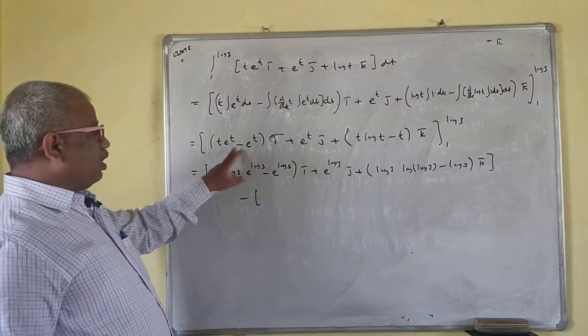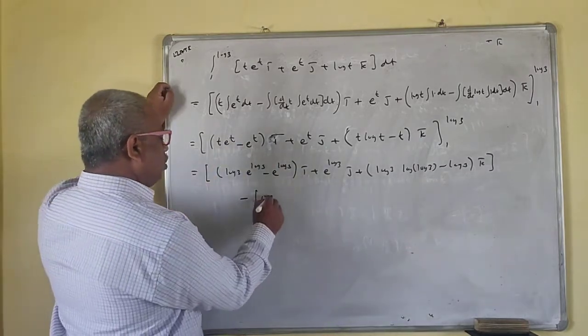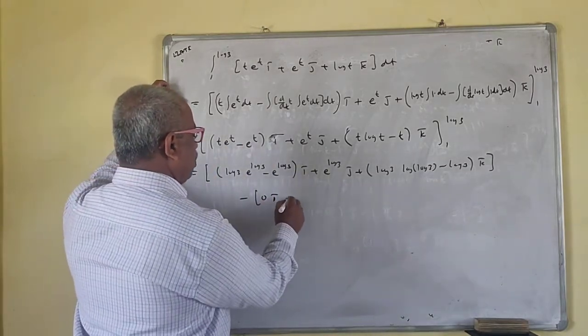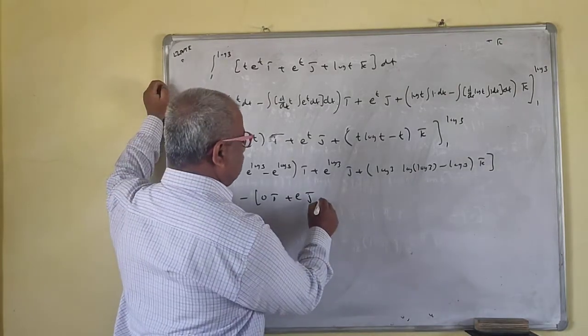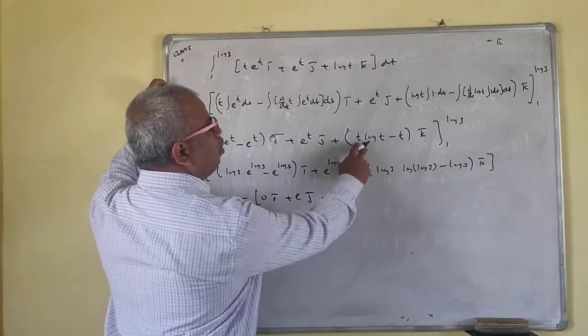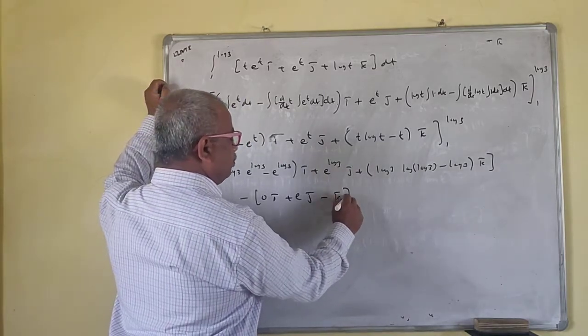If you put t is equal to 1, this is 0, so 0 I bar plus e j bar plus, minus, you have to put t is equal to 1. Log 1 is 0, so minus k bar.